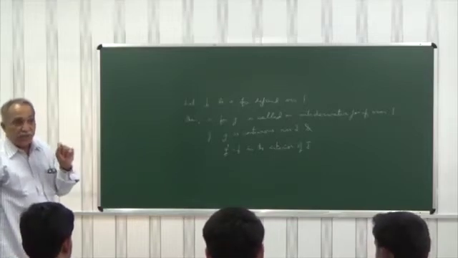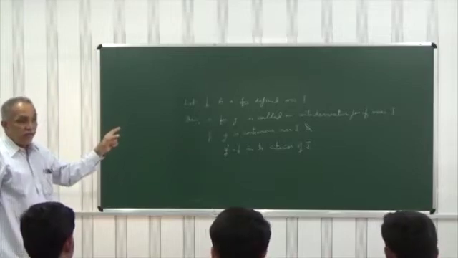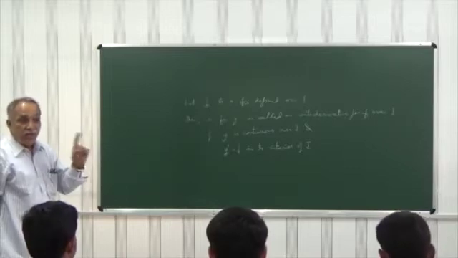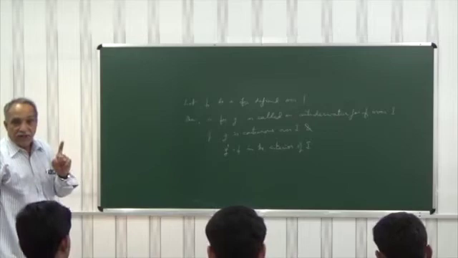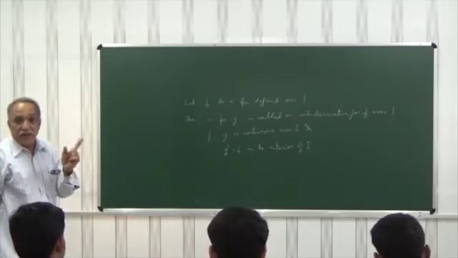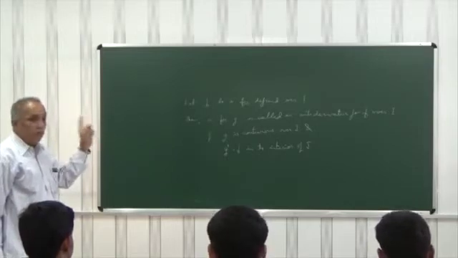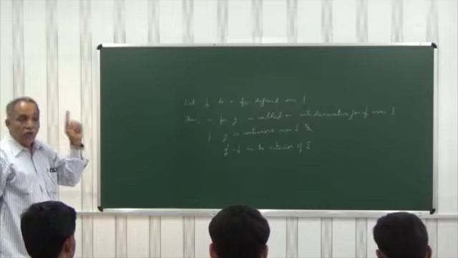I need it to be the derivative only in the interior, but continuity I want everywhere. If the interval is closed, even at the end point, I will not have two-sided continuity, but at least one-sided continuity, relevant one-sided continuity, I must have. Agreeable? Then g will be called an antiderivative for f over the interval I.